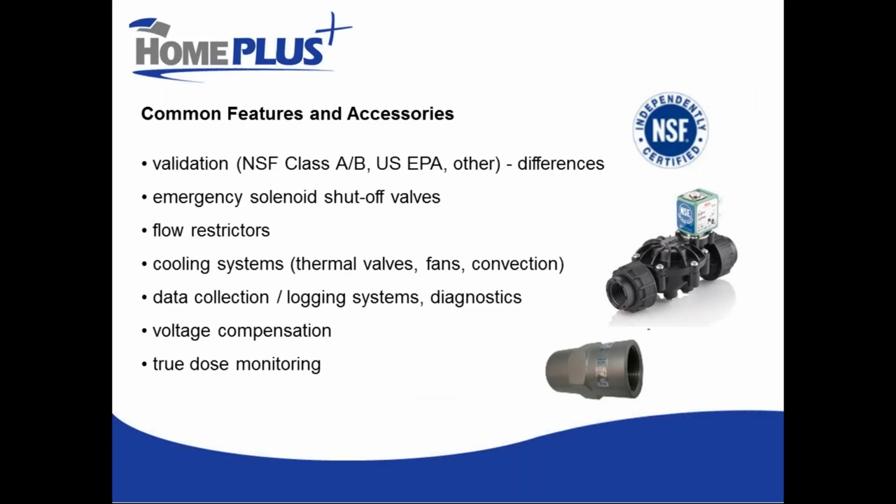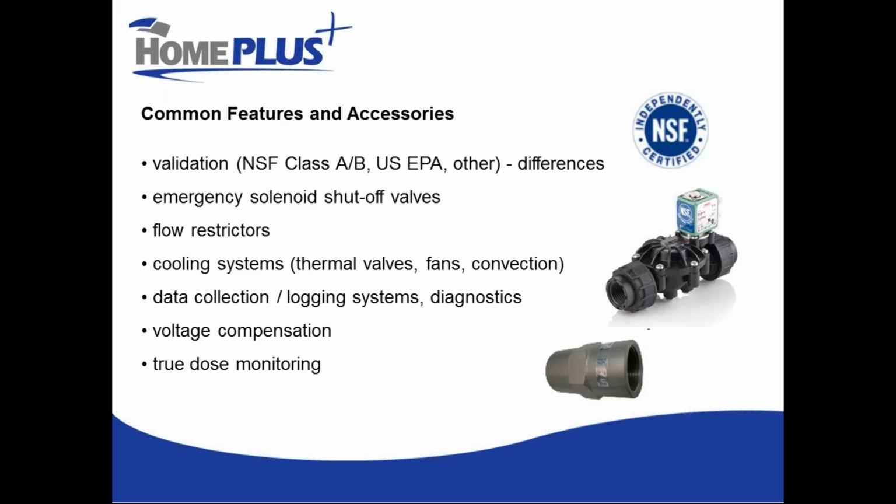So some other common features and accessories, when we're talking about validated product, we're usually talking for small water systems about NSF standard 55 Class A. That's very important to be distinguished against NSF 55 Class B. The Class A devices have the 40 millijoule per centimeter squared minimum UV dose.